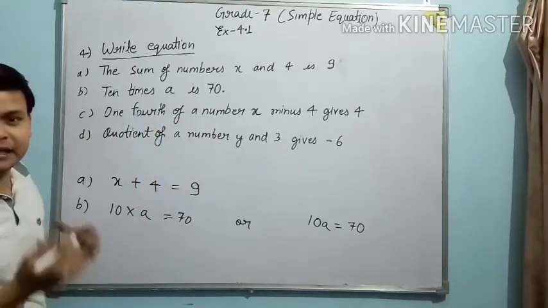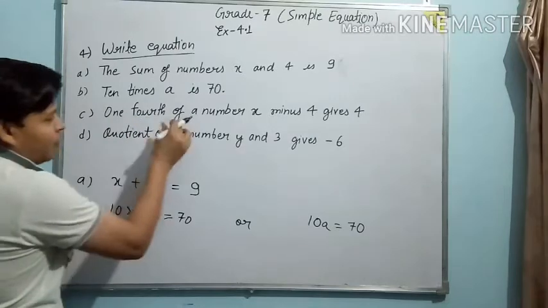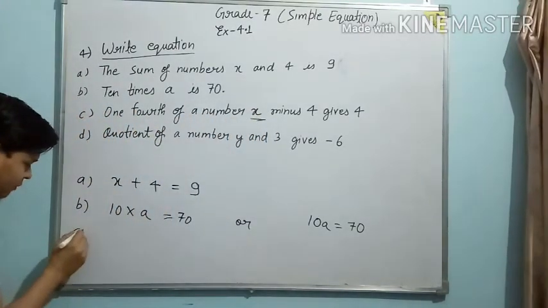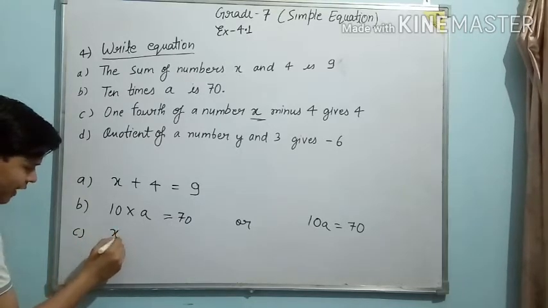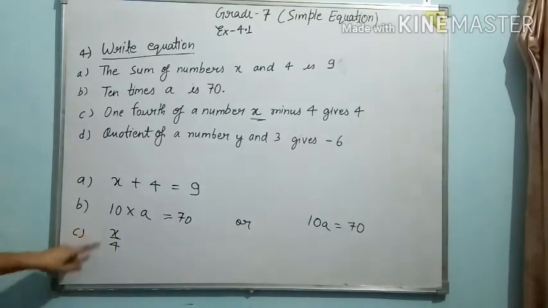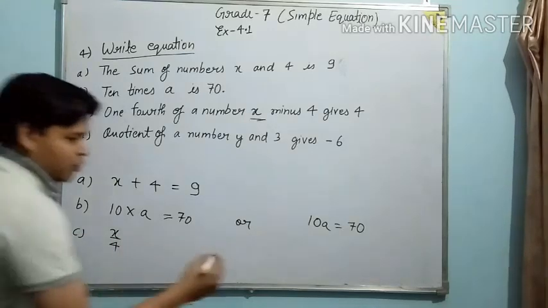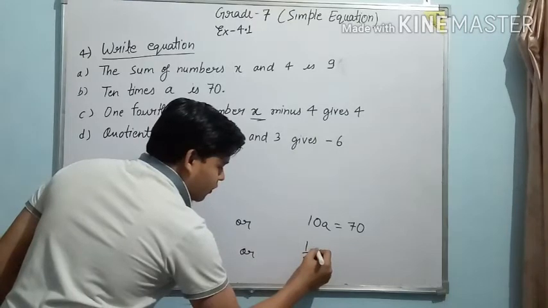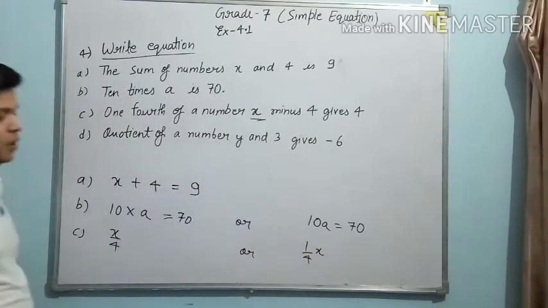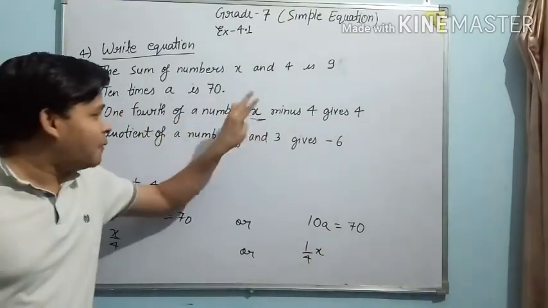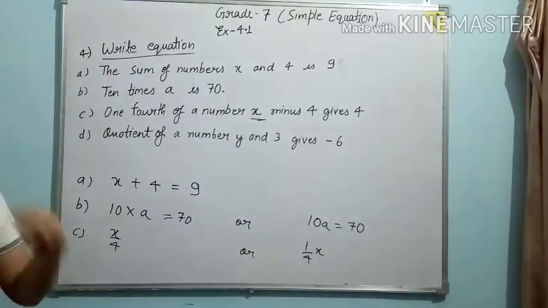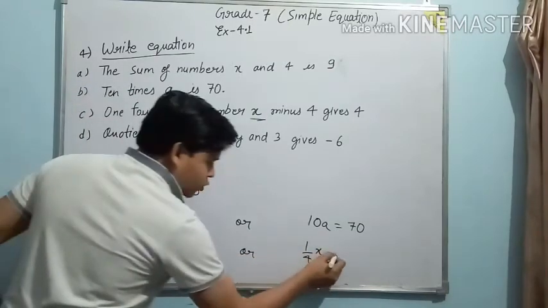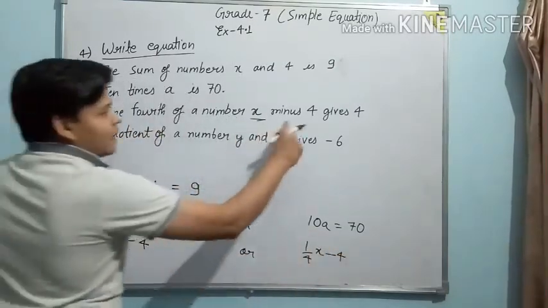Similarly, next is 1/4 of a number x. 1/4 of a number x means of this number x. So 1/4 of a number we can write as x upon 4, or you can also write 1/4 x. Then 1/4 of a number x minus 4, meaning from it we have to subtract 4, gives 4.